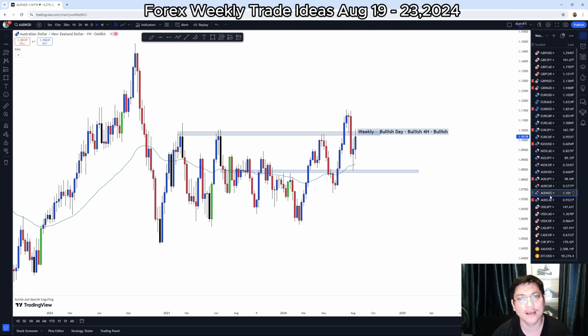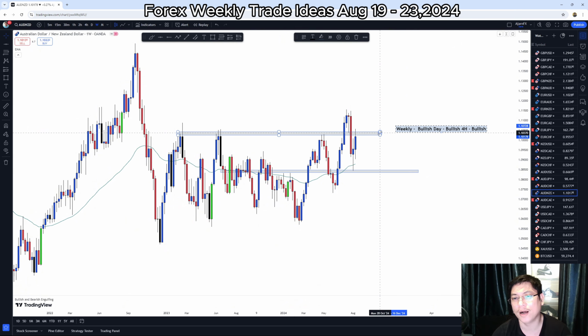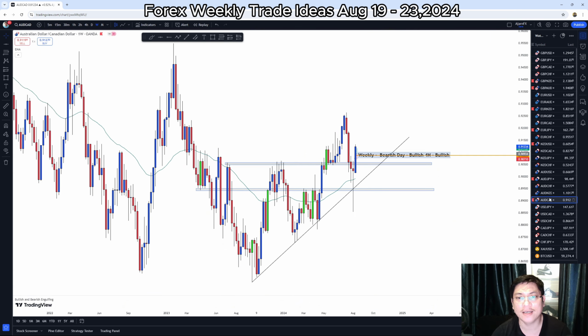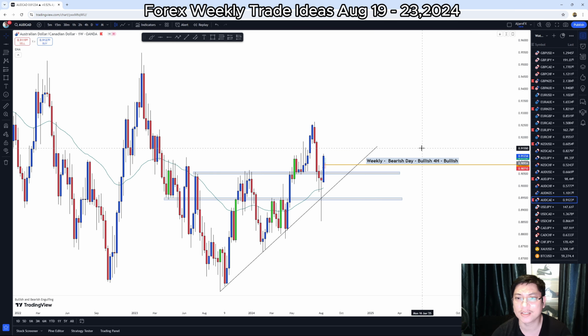AUD NZD, this one is at the resistance level. For me, I might just wait until it breaks into this zone right here before I continue my trade or decide to go to the upside. And AUD CAD, this one is also bullish, right? But for now, again, let's wait.